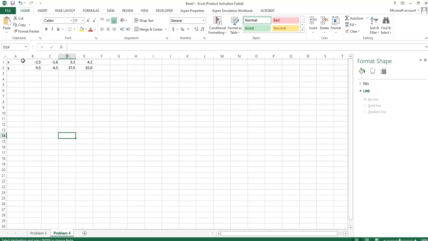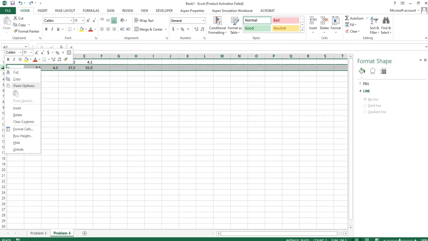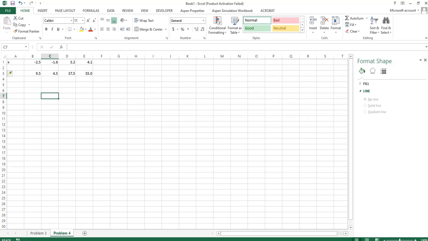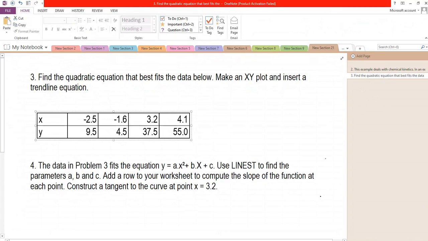For us to use LINEST now to find these parameters, what I'll do next is to move this down. Or let me say right click, I can just click this and insert one row, just like what they said here. Add a row to your sheet to complete it.